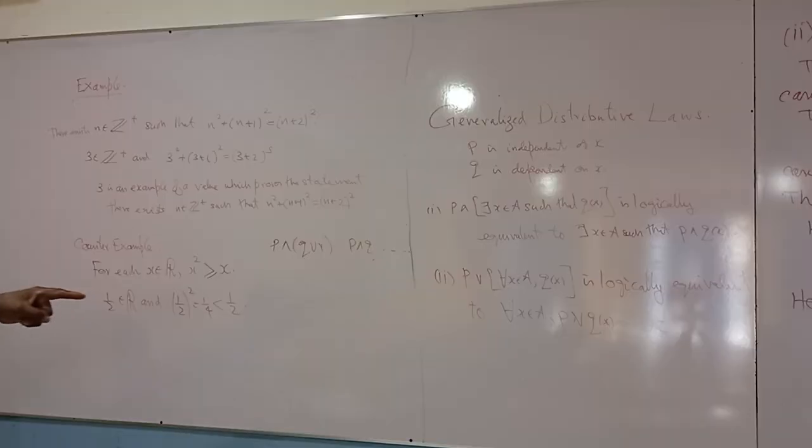However, if P has X, you cannot take it in, and then there is no meaning also, because what is inside the square brackets has no X. You can say there is T belongs to X such that Qt, no X. If you assume the second one, P or for each X belongs to A Qx, if P is true, the right hand side, for each X belongs to A, P or Qx, is true, whether Qx is true or false. So if this side is true, that side is true, trivial.